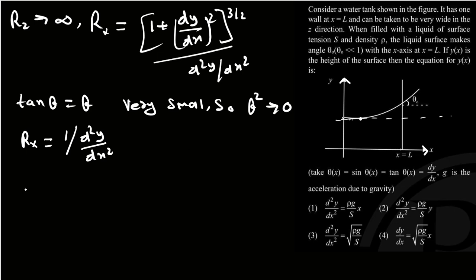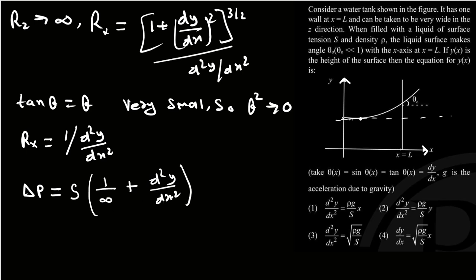Now when we apply the Laplace equation, the pressure difference delta P will be equal to S, which is the surface tension of the liquid, multiplied by (1/R1 plus 1/R2). 1 by infinity is 0, we all know, plus 1/R2, where R2 is 1 by d square y by dx square. So 1/Rx will become d square y by dx square.